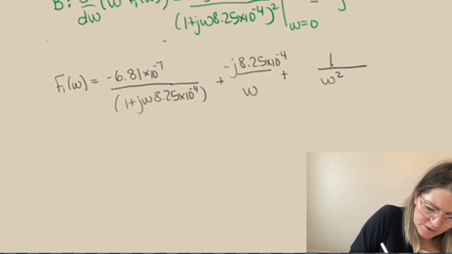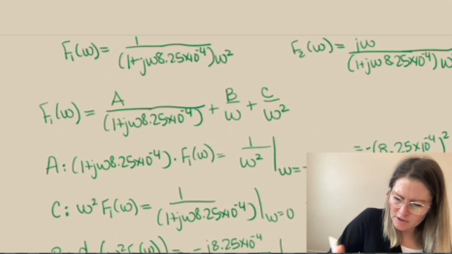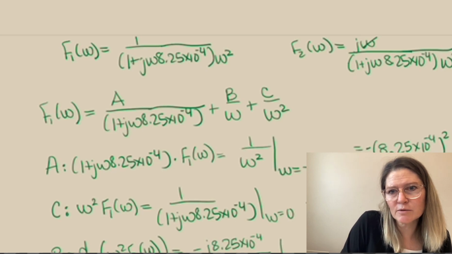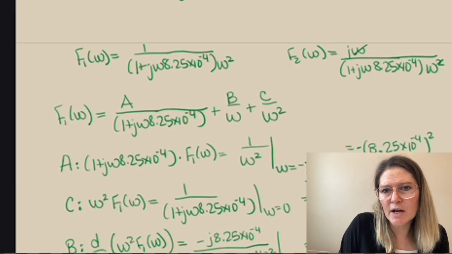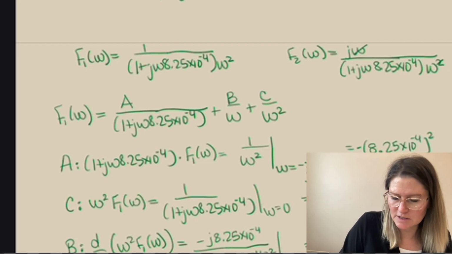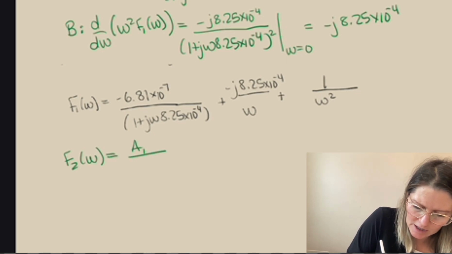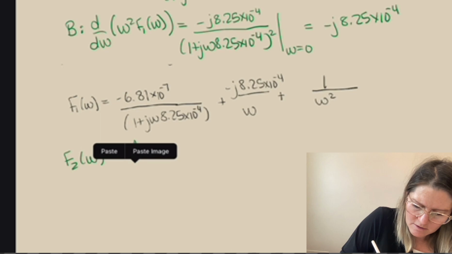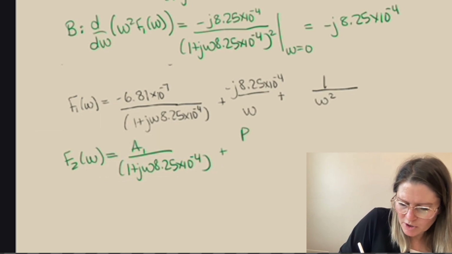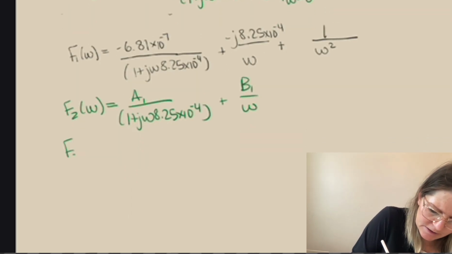I note here that the omegas, I can have one of them cancel. So I am left with j over 1 plus j omega 8.25 times 10 to the minus 4. So I can just call it A1, and then plus B1 over omega.